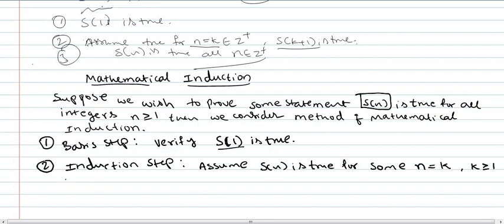Then show that S of k plus 1 is true. How do you show this? You have to start with n equal to k, use some mathematical principles or formulas, then show that S of k plus 1 is also true.